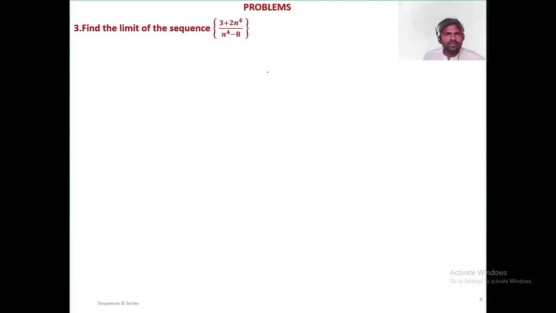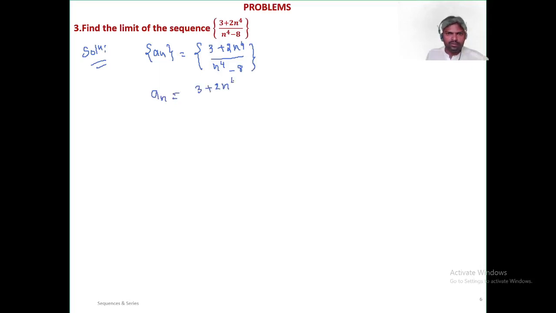Find the limit of the sequence. Let us assume the given sequence an is 3 plus 2 into n raised 4 upon n raised 4 minus 8. Then take the nth term of the sequence an, which is 3 plus 2 n raised 4 upon n raised 4 minus 8.